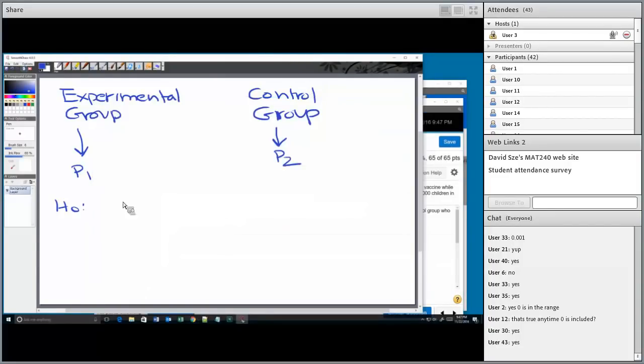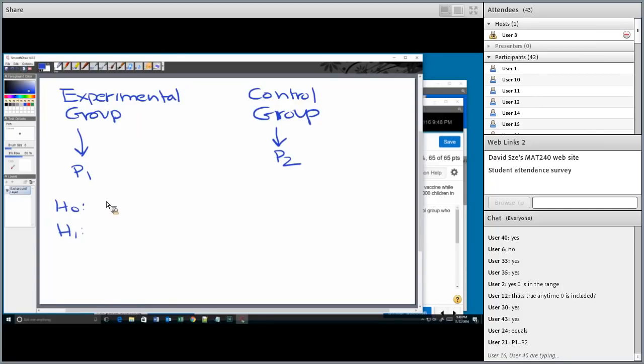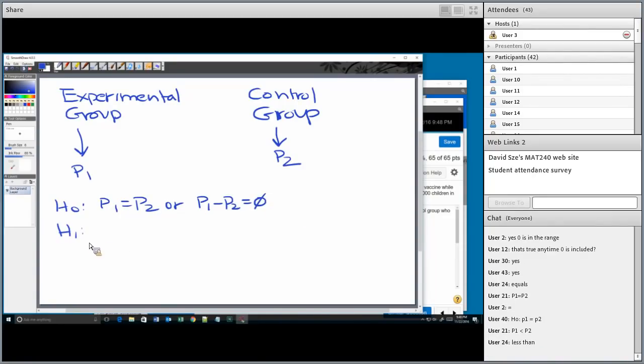So what would be my null and the alternative hypotheses? First of all, what would be the null? Yeah, the null is simply P1 equals P2, or P1 minus P2 equals 0. What would be the alternative? Very good.